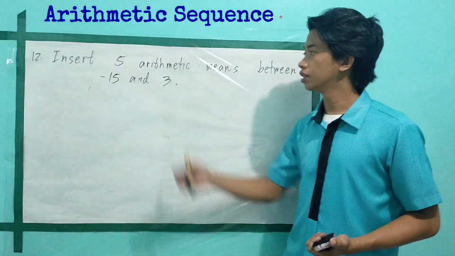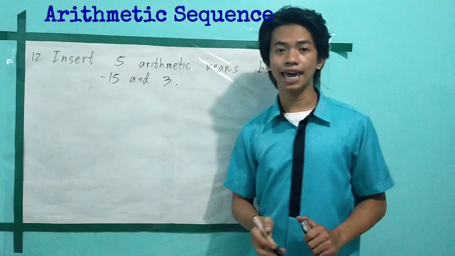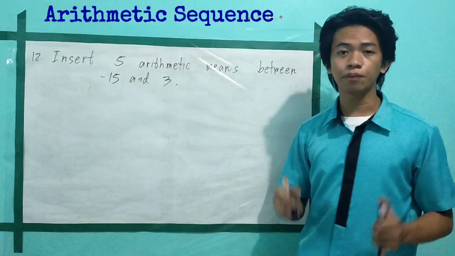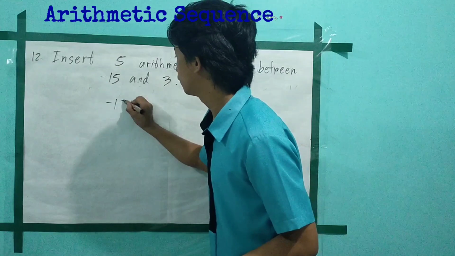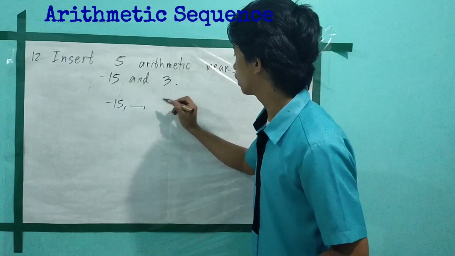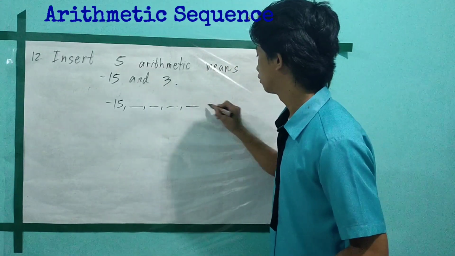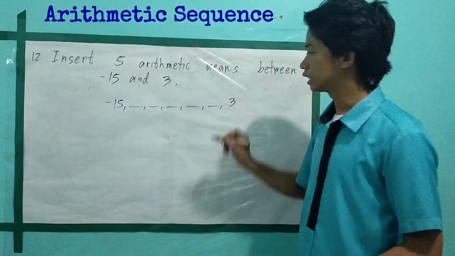Problem number 12. Insert 5 arithmetic means between negative 15 and 3. So, same process lang din siya sa problem number 11 natin. So, illustrate natin, negative 15. How many arithmetic means? So, we have 5 arithmetic means. 2, 3, 4, 5, and 3.